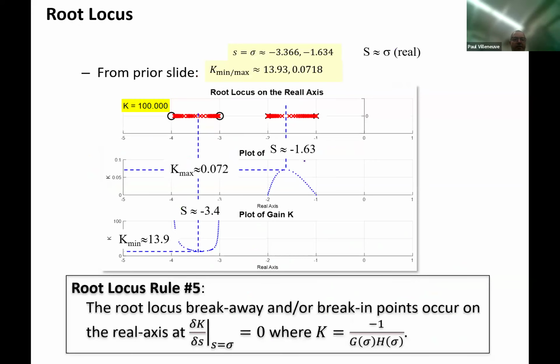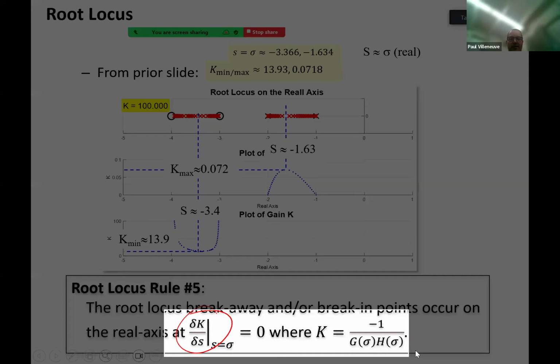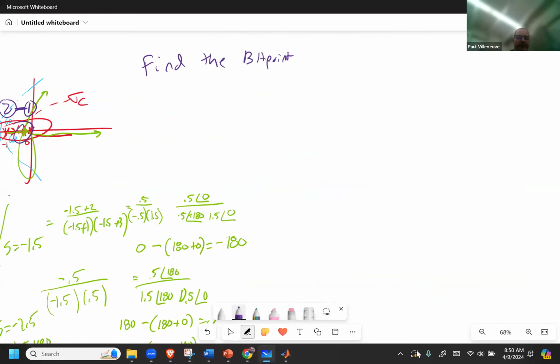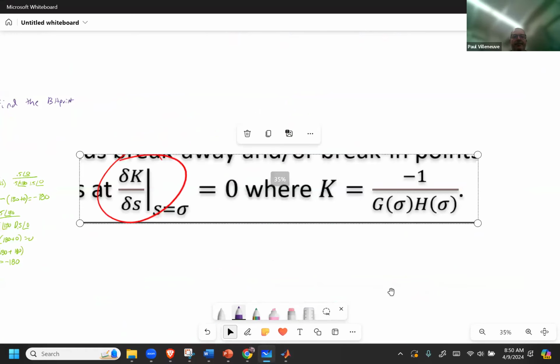All you have to do, take this equation, set it equal to 0, and you have the value of K. You know what the equation for K is. Know how to do that? You do. I'll copy this over to here.